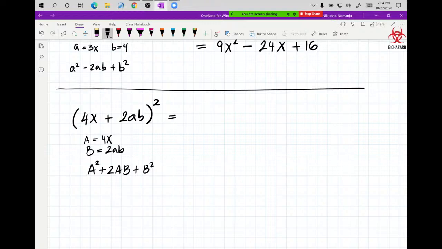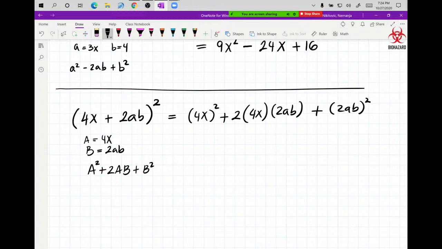So now 4x squared, that's capital A squared, plus 2 times capital A, that's 4x, times capital B, that's 2AB, and then finally plus 2AB squared.